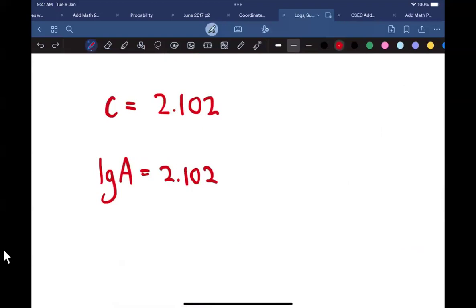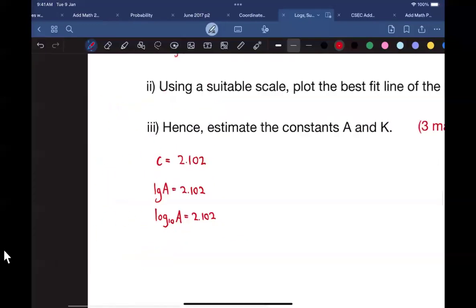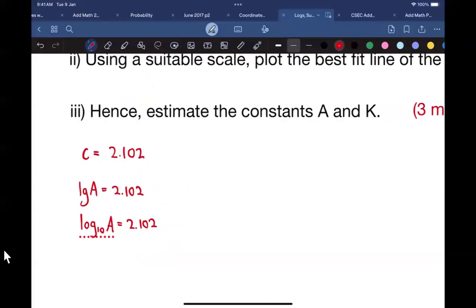So guys, just remember, what is log base what? So lg is log base 10. Do I remember how to convert log form to index form or not?